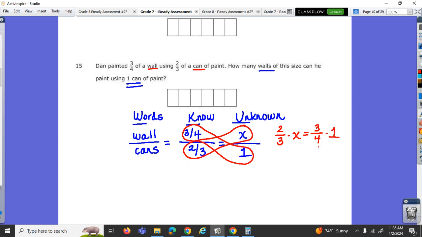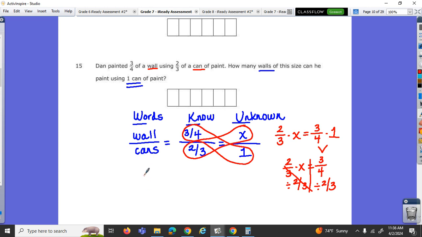And 3/4 times 1, of course, is 3/4. And now we need to do our inverse operation. All right, so we're going to divide by 2/3 on both sides. Okay, so we end up doing 3/4 divided by 2/3.